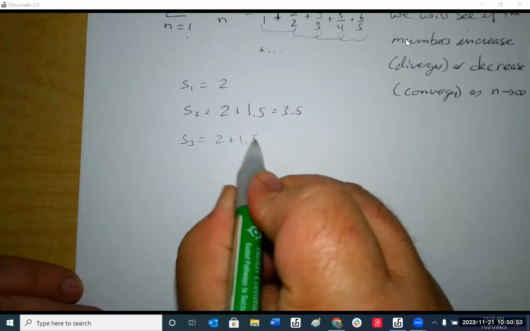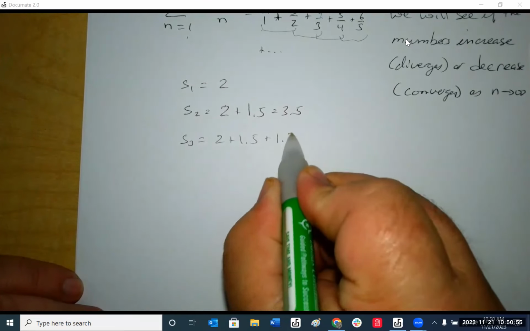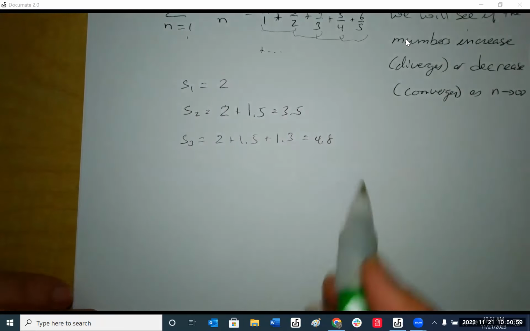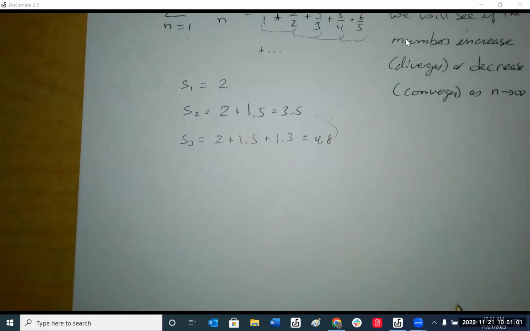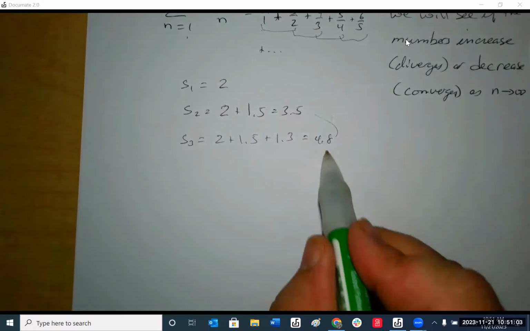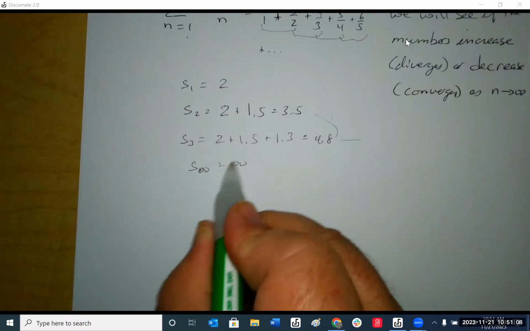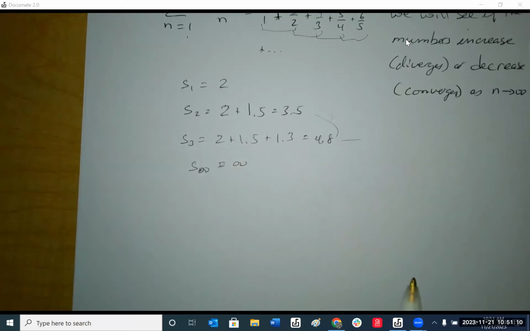Two plus 1.5 plus 1.3. It's 4.8. So each successive one is larger than the previous one. So it keeps on going. Eventually, as we go to infinity, the sum goes to infinity.